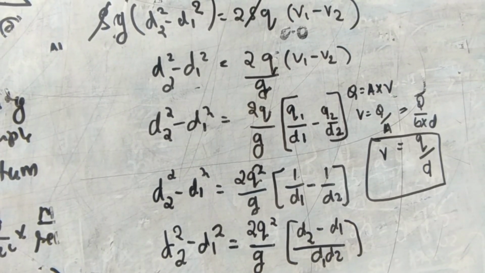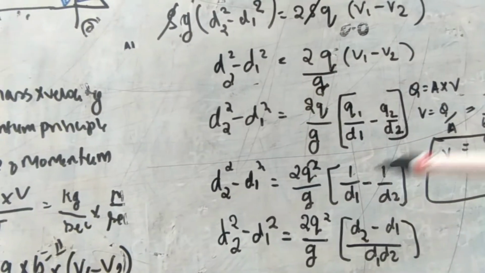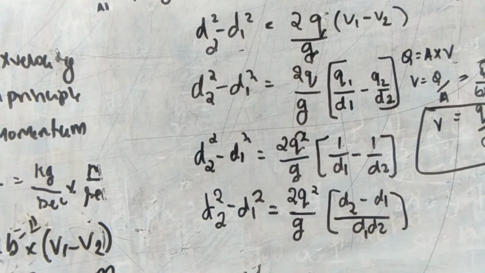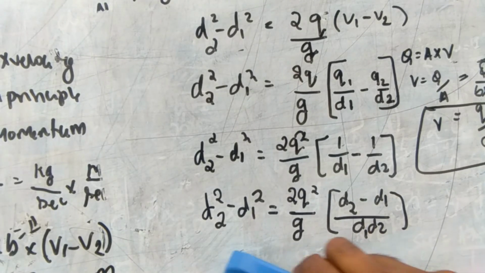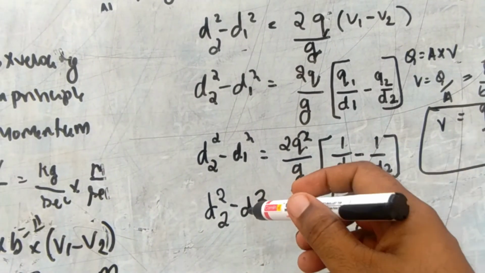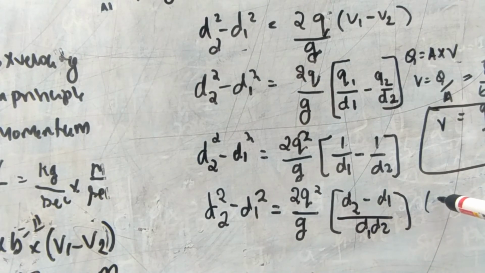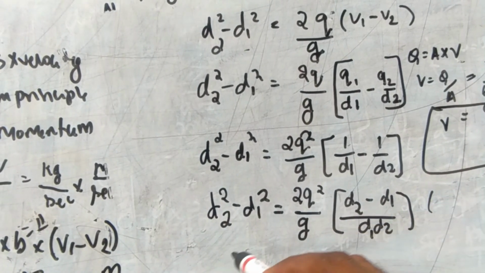So what happens here, we can write it. This one we know a square minus b square, that format I can write: d2 square minus d1 square, a square minus b square is (a plus b)(a minus b).